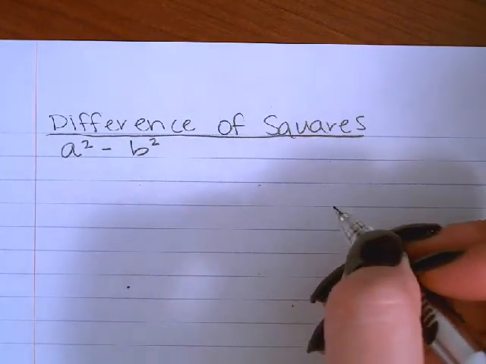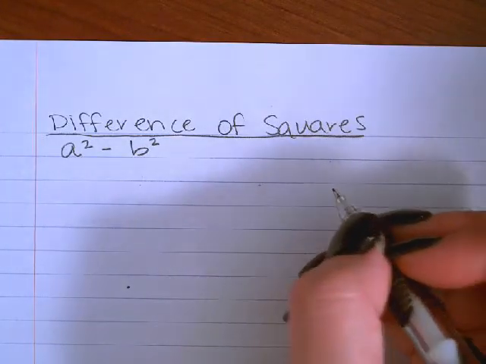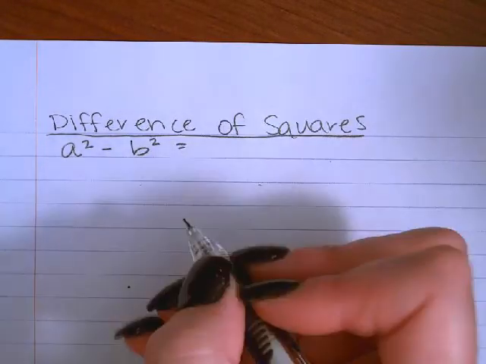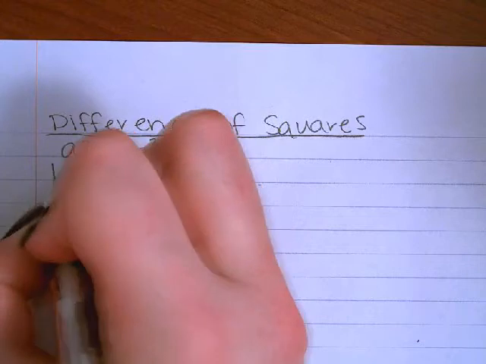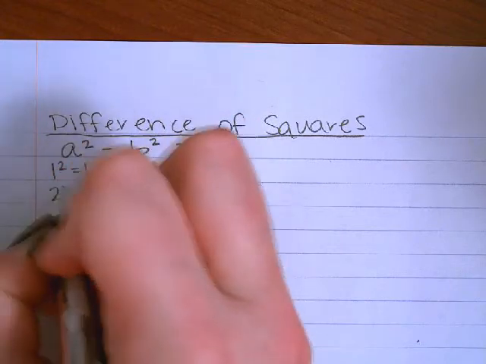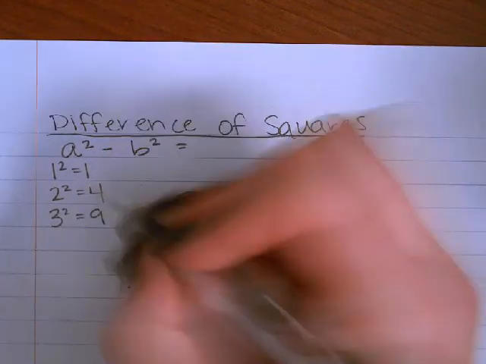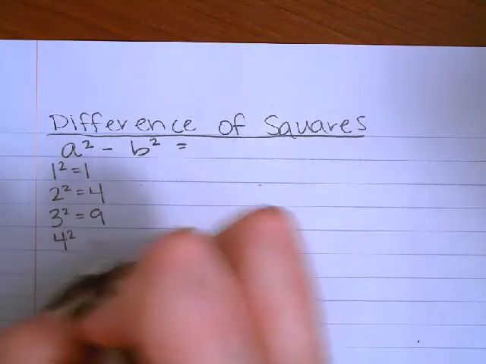And it could be variables, but it's also going to be perfect squared numbers. So we're going to put an equal sign up here. The types of numbers I'm expecting to see is like 1 squared is 1, 2 squared is 4, 3 squared is 9. So these are the types of numbers I'm expecting to see.